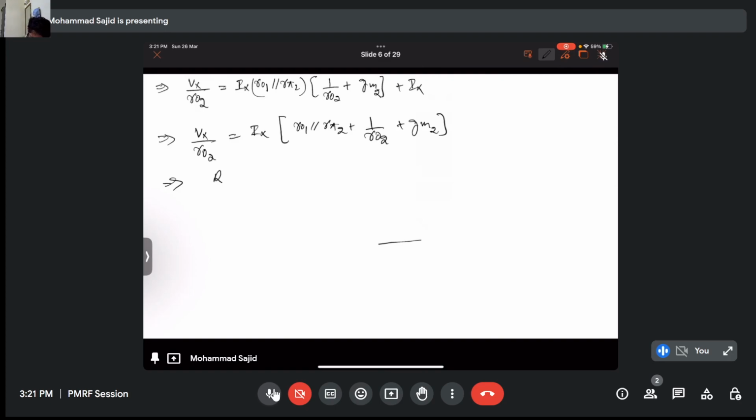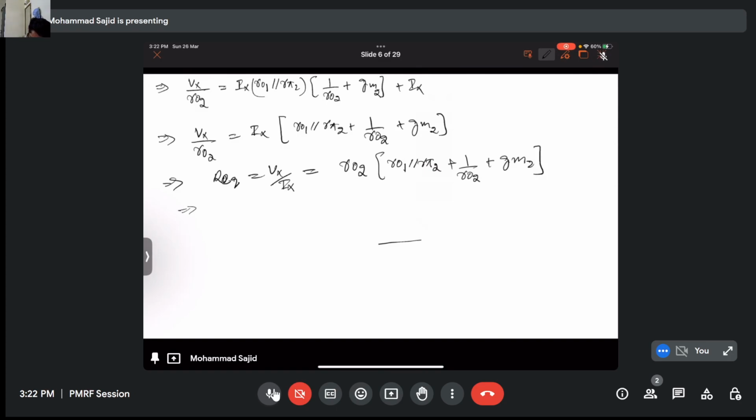So my Rout, let's call it R equivalent, will be Vx by Ix, and that will come out to be RO2 multiplied by RO1 parallel R pi 2 times (1 by RO2 plus Gm2) plus 1.